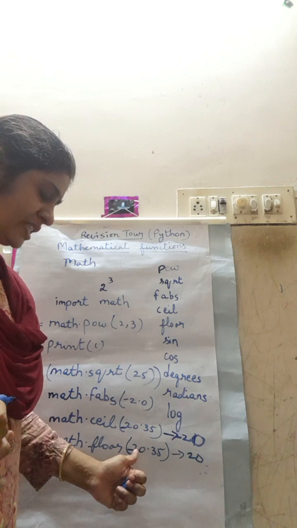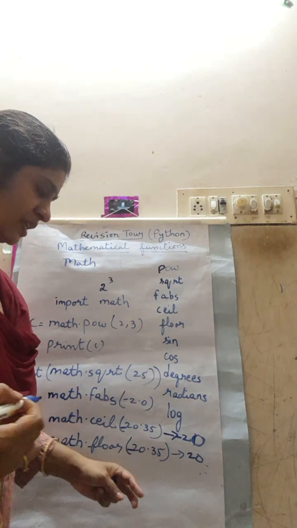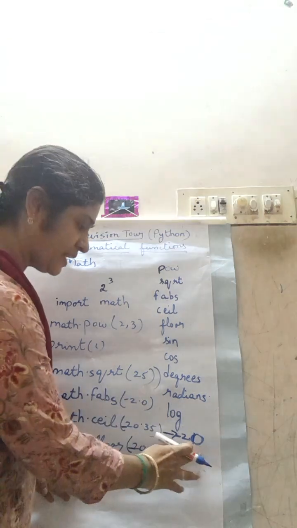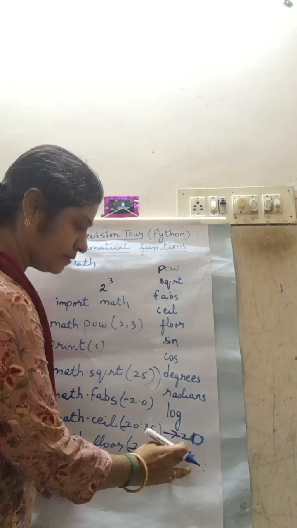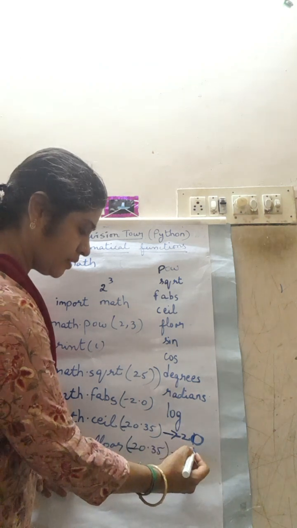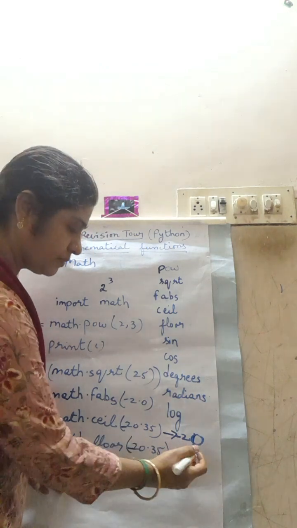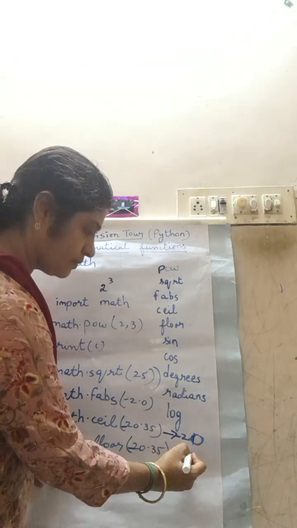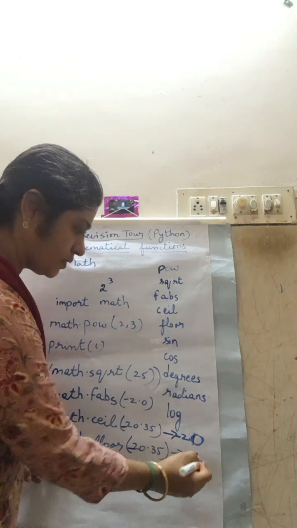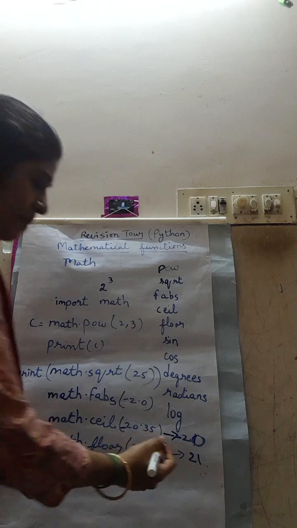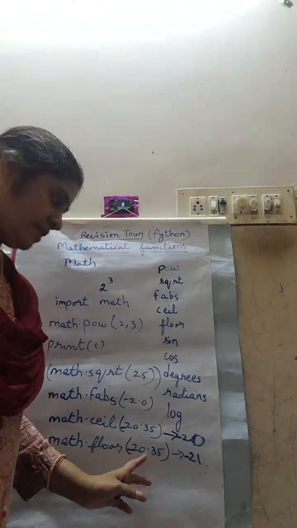If it is minus 20, that would be greater than this. So it will give you minus 21.